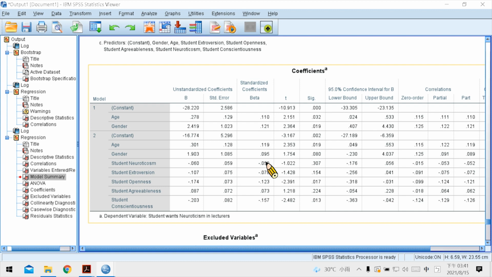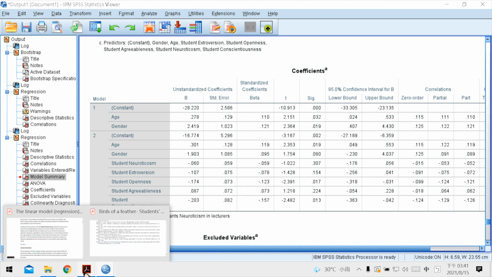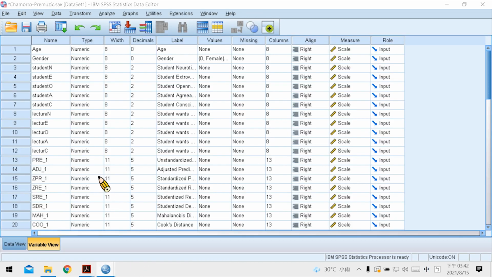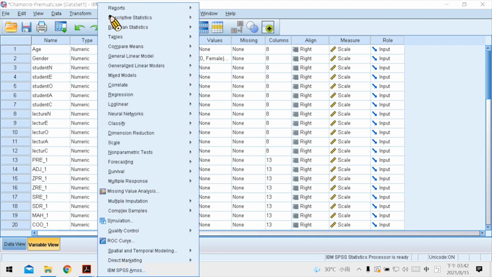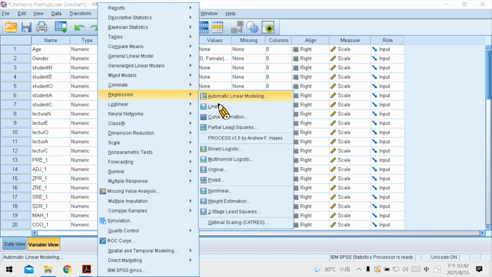So the next we predict. You can see the okay. So the second value is lecture introversion. Okay. So let's do again. So Analyze, Regression, Linear.